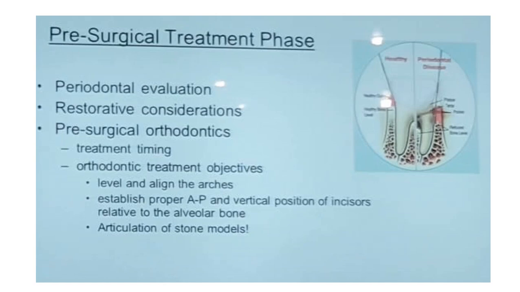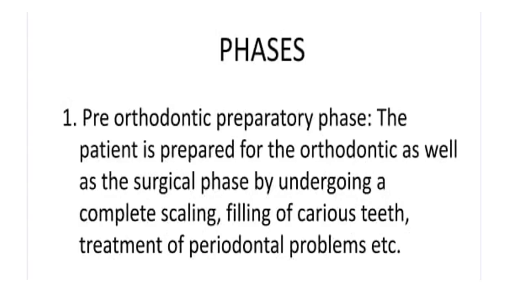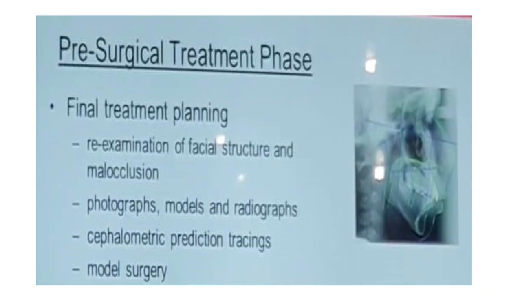And treatment timing is very important. And then we should articulate the stone models. And in phase 1 there is scaling, filling of carious teeth, and the periodontal problems should be assessed. And the final treatment planning is followed by the first phase of the treatment plan.